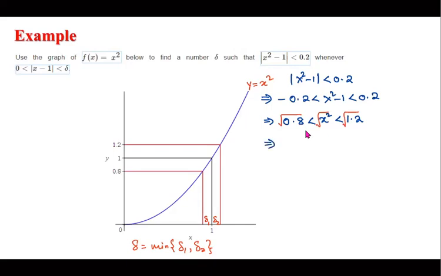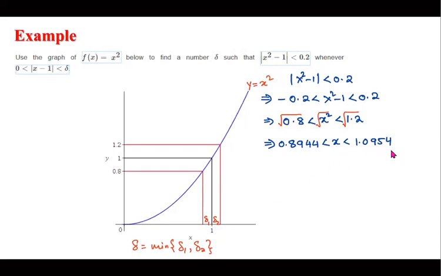The square root of 0.8 is 0.8944, which is less than the square root of x squared, that is simply x, which is less than the square root of 1.2, that is 1.0954. The lower x value where I'm pointing is this one, and the upper x value is this one.